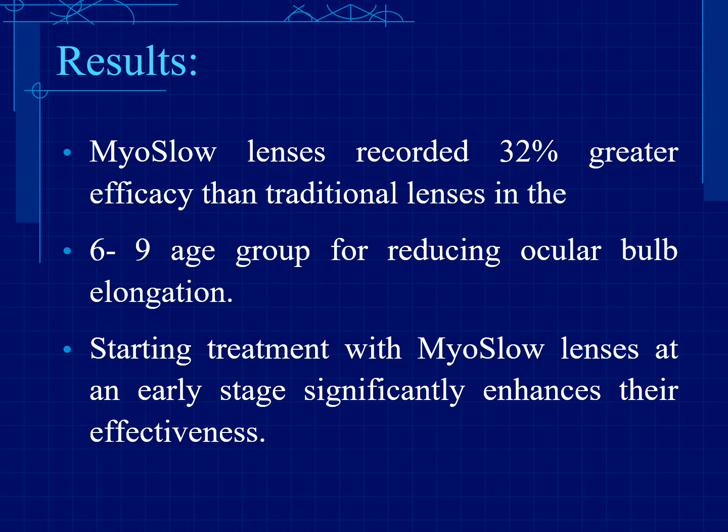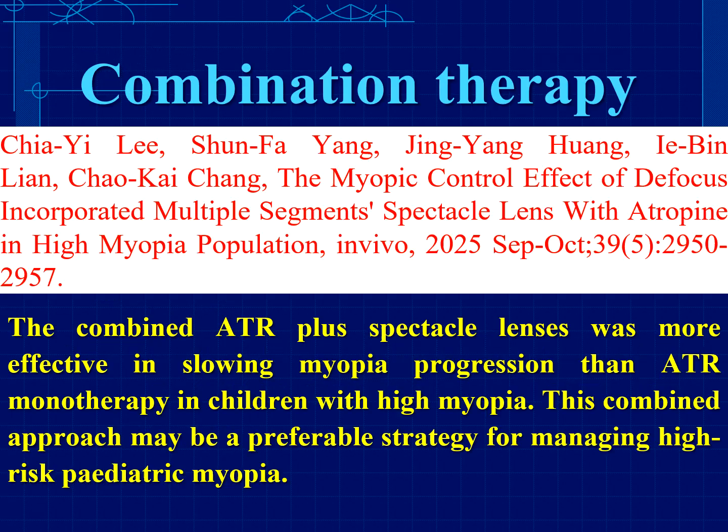And finally, MyoSlow or MyoStop lenses are very effective compared to traditional lenses, and treatment should be started as soon as we come across a patient, kid, or child suffering from myopia. It's very important. However, a combination of myopia control ophthalmic lenses with other modalities such as low dose atropine may be more effective.